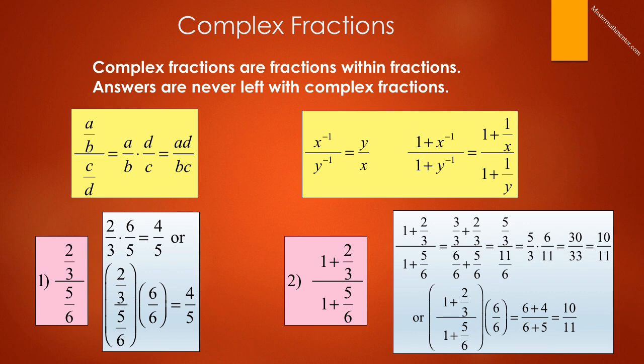The LCD of all the terms is 6. So we multiply every term by 6, and we get 6 plus 4 over 6 plus 5. The complex fractions immediately disappear, and we get our final answer in a much easier fashion, 10 over 11.